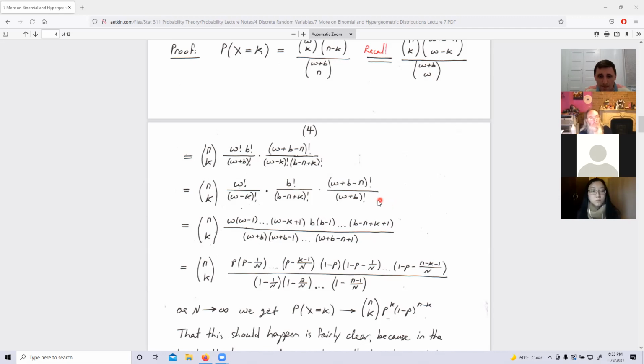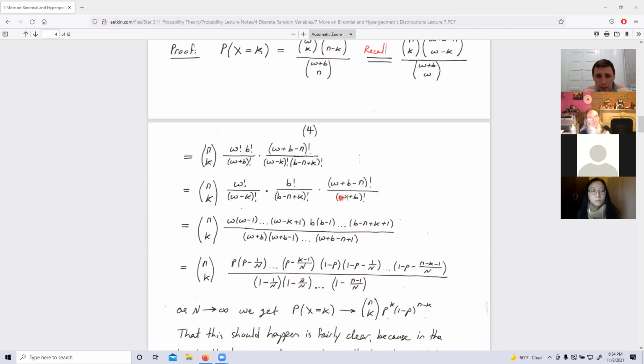Yeah. And then, of course, what else do I have? I have this remaining number, this one. I just simplify, yes, this number and this number, right?